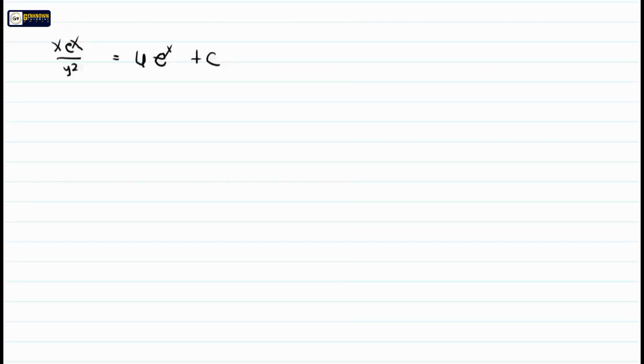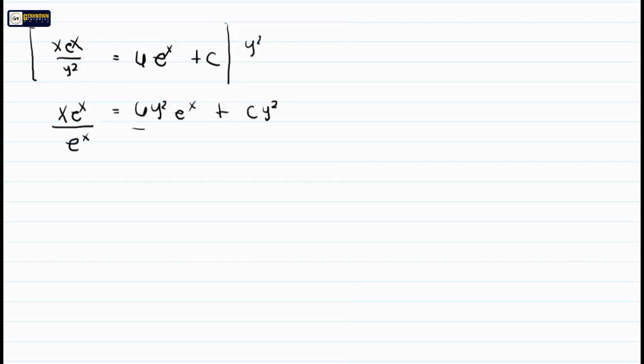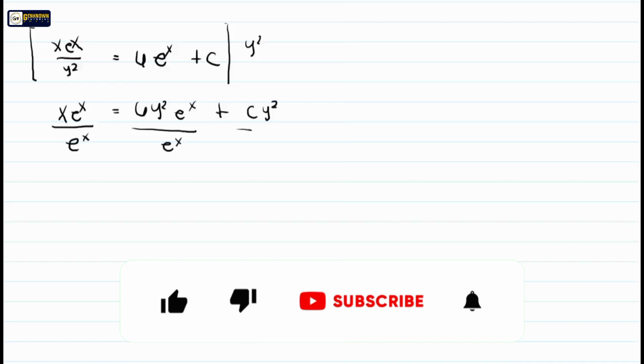To simplify this one, we need to multiply the whole equation by y squared. So the outcome is x e raised to x is equal to 6y squared e raised to x plus c y squared. Then we divide by e raised to x. This will cancel out, this also cancels out.